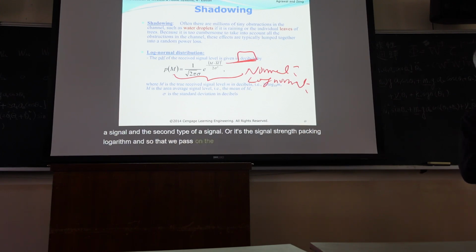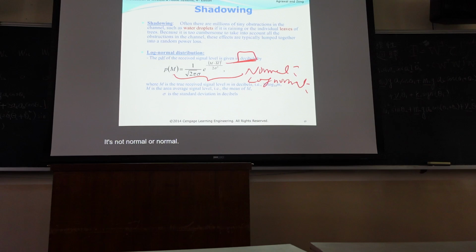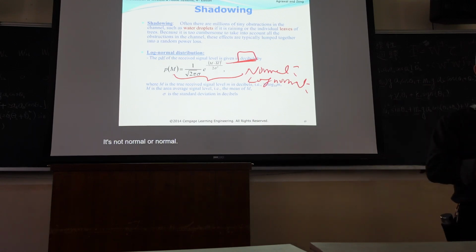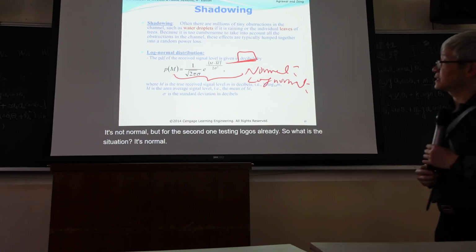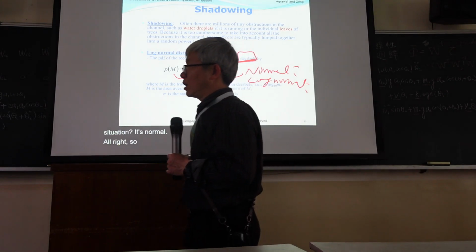So for the first case, which distribution do we have if we consider shadowing or slow fading? It's log normal. For the second one, having taken the logarithm already, what's the distribution? It's normal. So this is the way to get the log normal distribution.